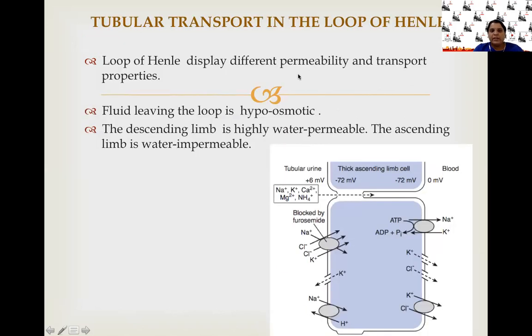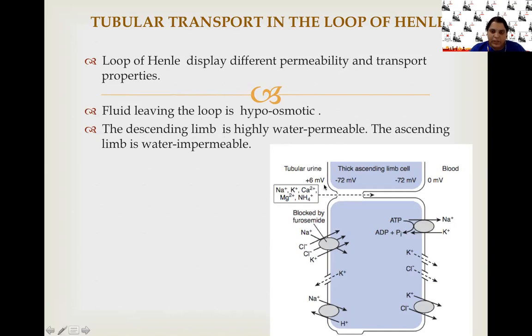The loop of Henle is again different in terms of permeability and transport compared to the proximal tubule. In contrast to the fluid, which is isosmotic in the proximal tubule, the fluid leaving the loop of Henle is hypoosmotic because the descending limb is highly water permeable, whereas the ascending limb is impermeable to water.